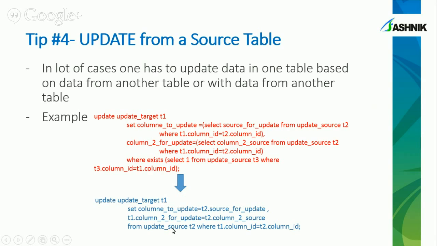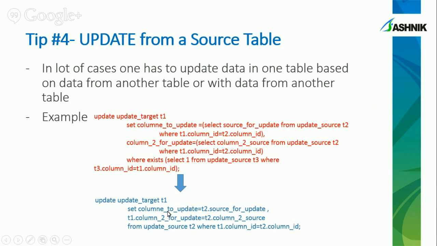This is similar to a join statement. You're trying to join two tables and update the target table from the source table, and you have a join condition here which joins your source and target tables, and based on this join criteria you will get certain values which you are assigning into your target columns.